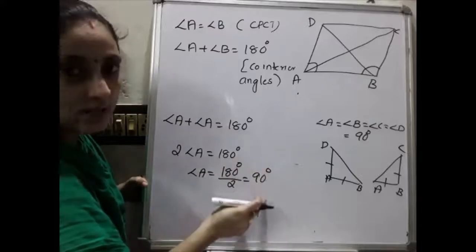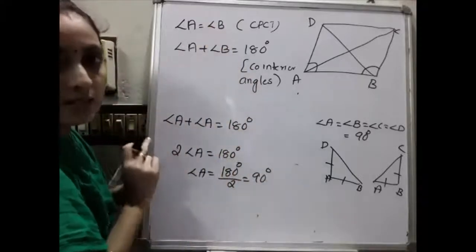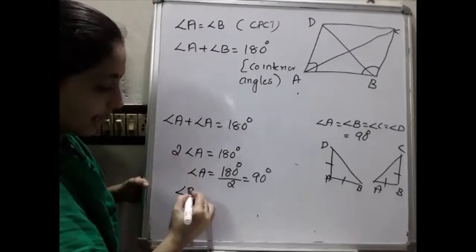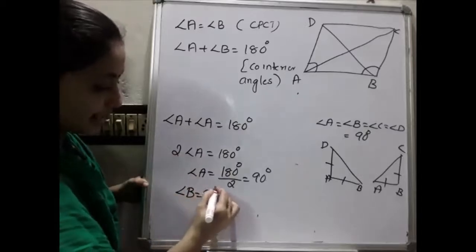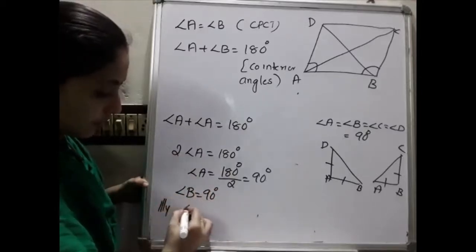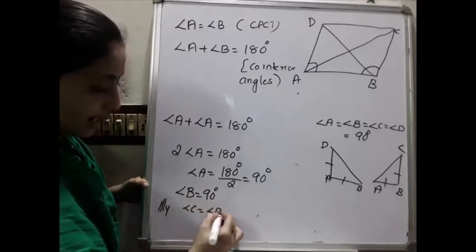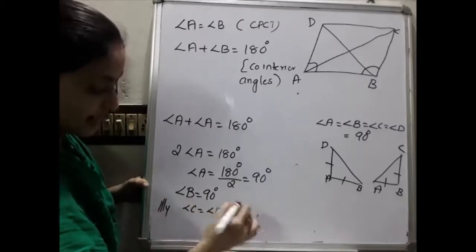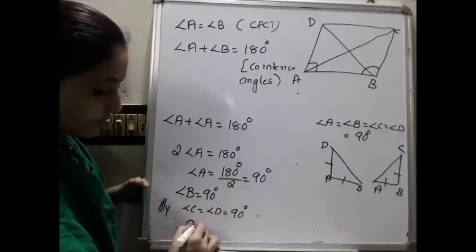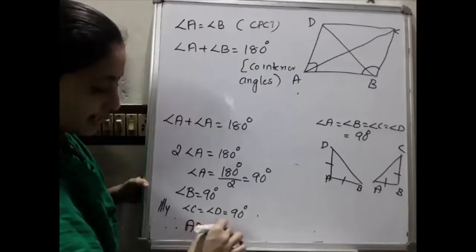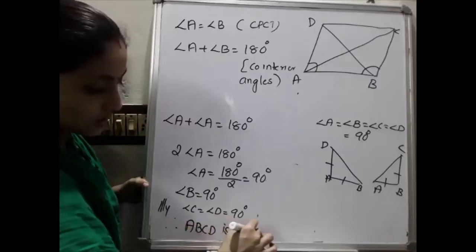If angle A is equal to 90 degrees, then angle B is the same, 90 degrees. Similarly, we can prove angle C is equal to angle D is equal to 90 degrees. Therefore, ABCD is a rectangle.